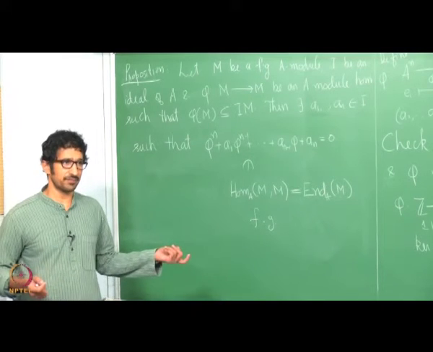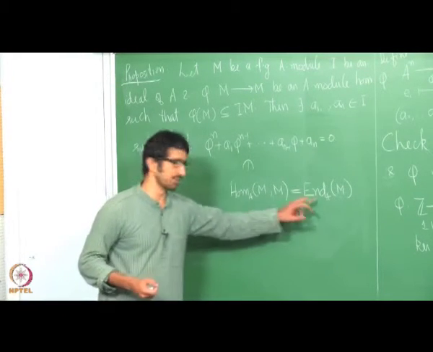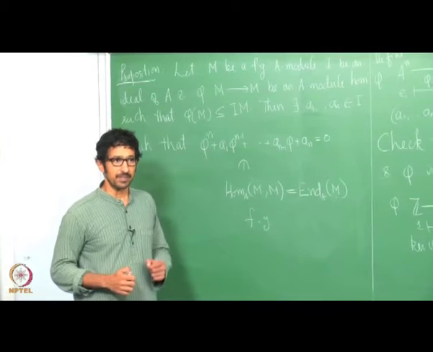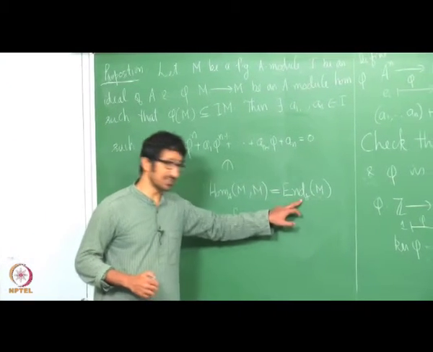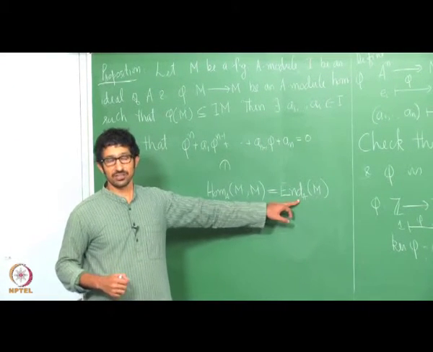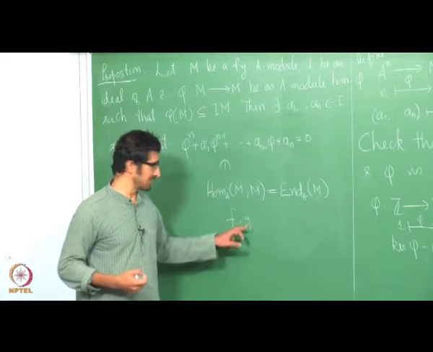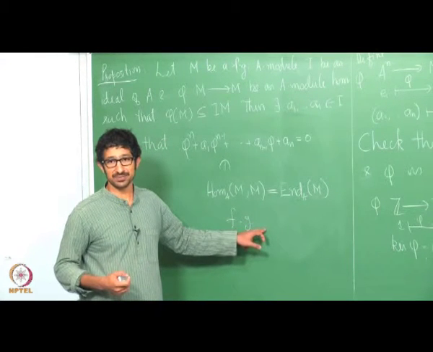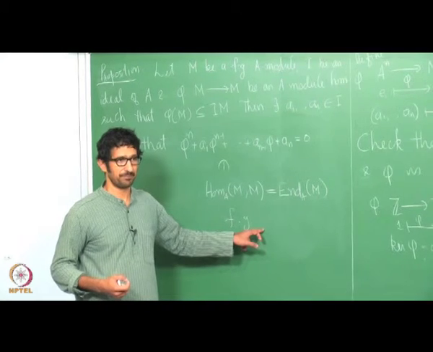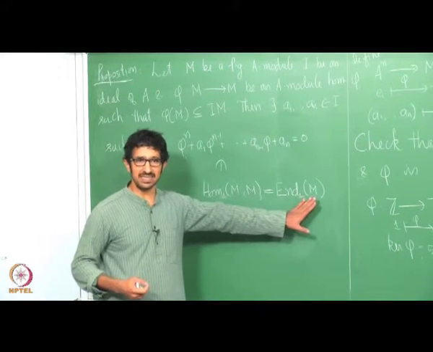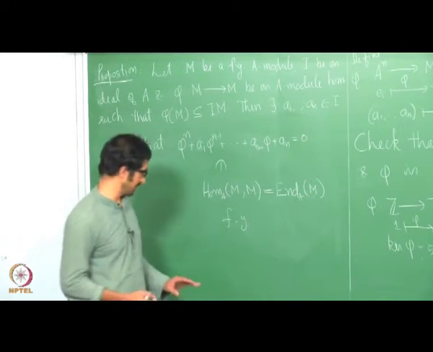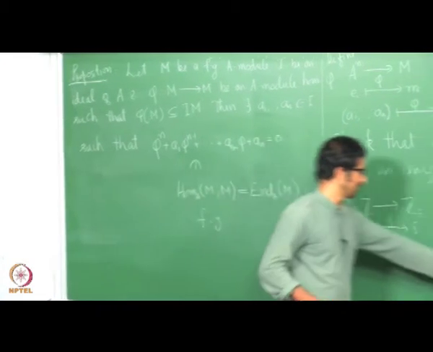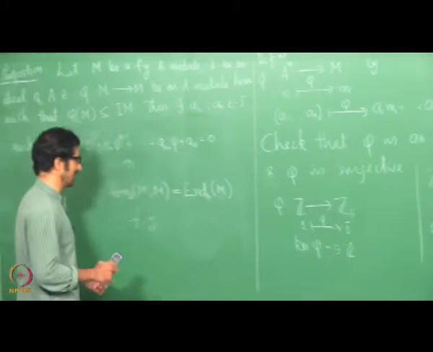That is again a homomorphism, an endomorphism of M. But now this ring is not commutative. F times G is not equal to G times F, but this is indeed a ring with respect to addition and multiplication.